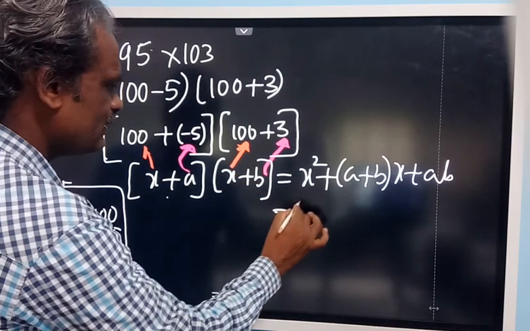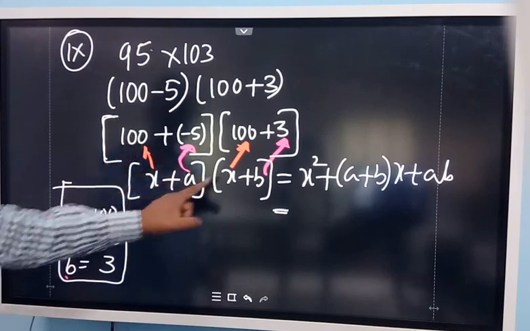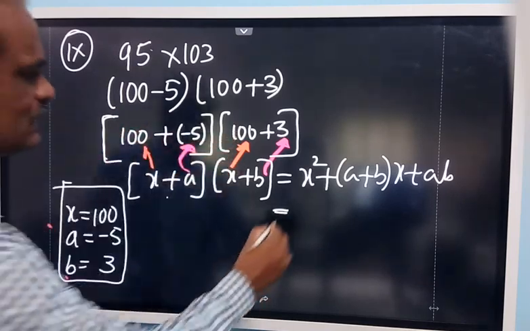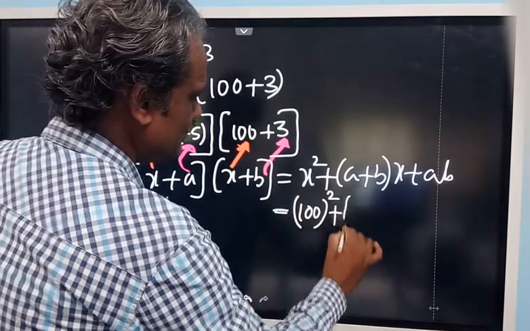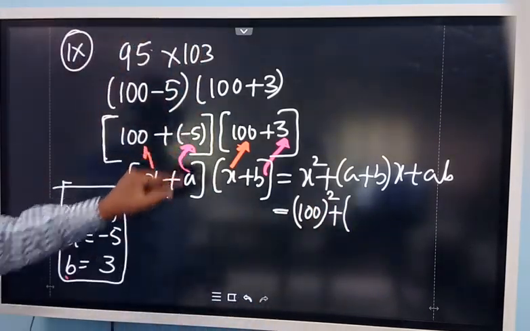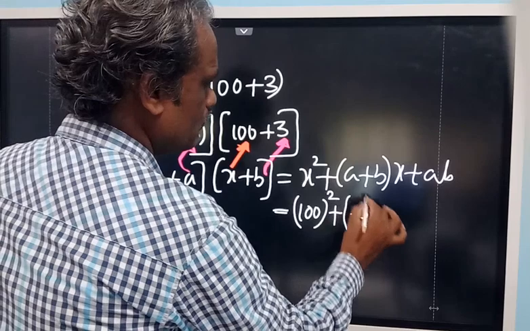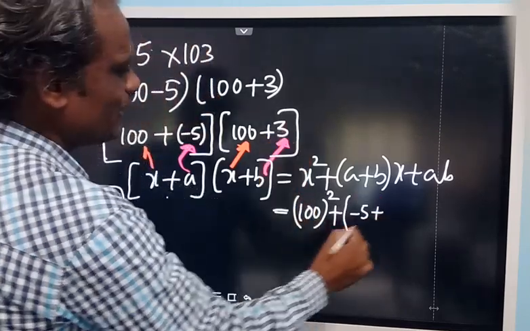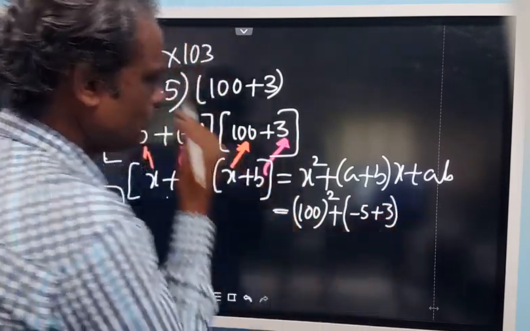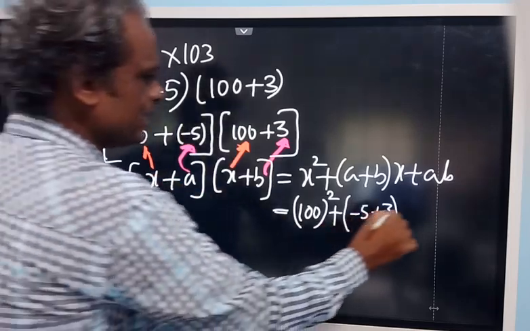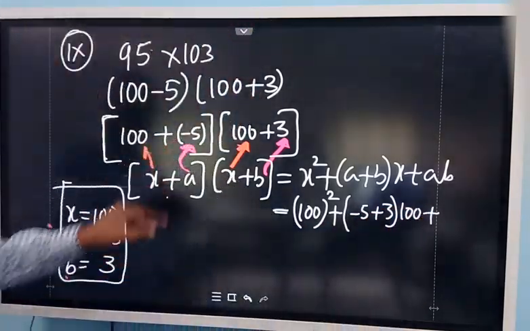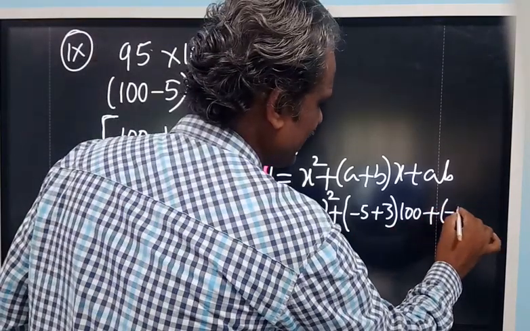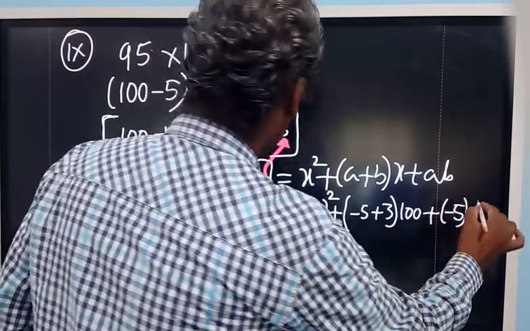So you will get x square. You find 100 both the places. 100 square plus a value minus 5, then plus b value 3, into 100, x value is again 100, plus ab. a value is minus, so let us write inside the bracket: minus 5 into 3.